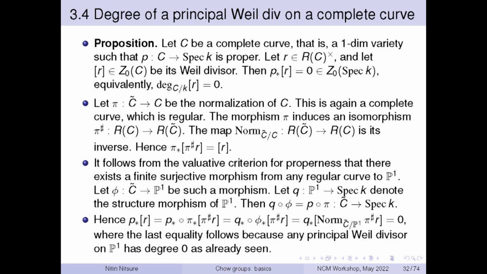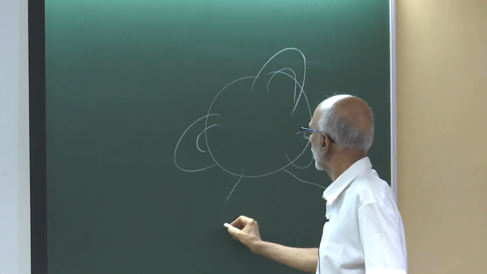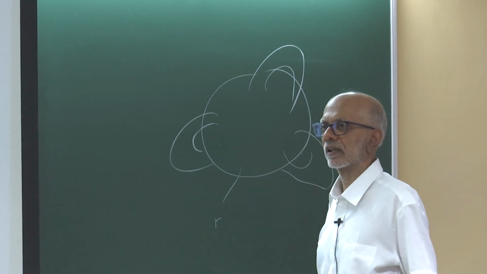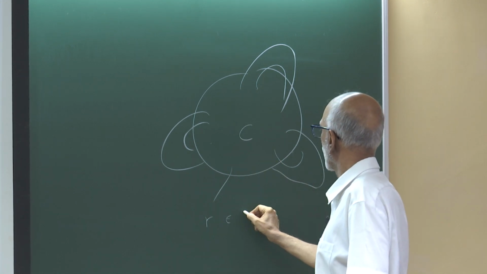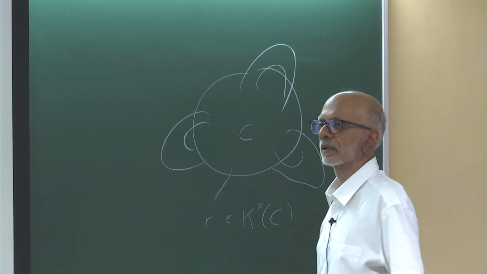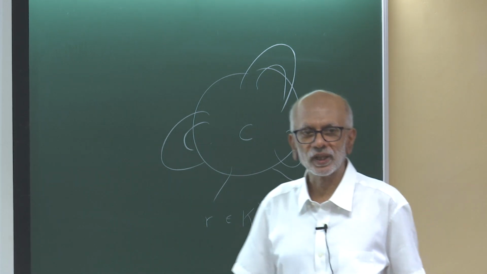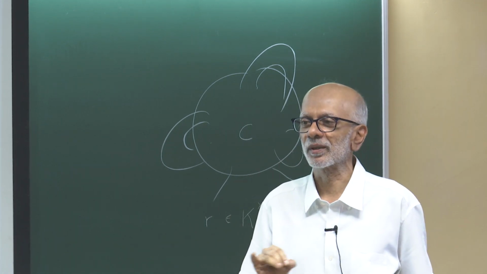So I have a compact Riemann surface C, and on that I have a meromorphic function R, and I want to show that it has as many zeros as poles, counting multiplicities.